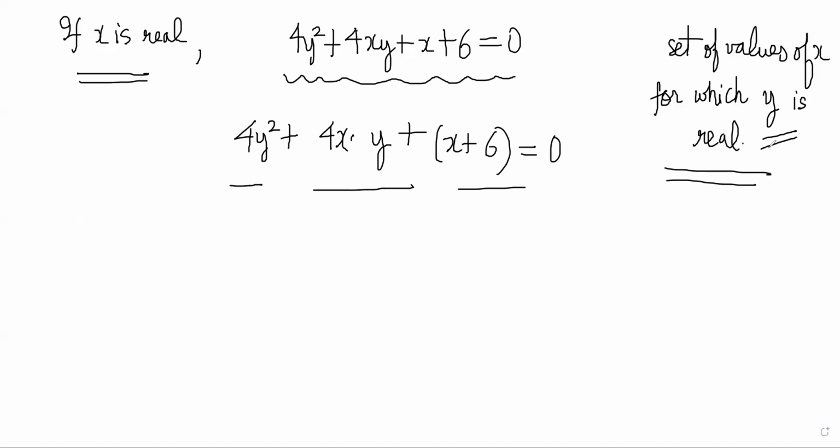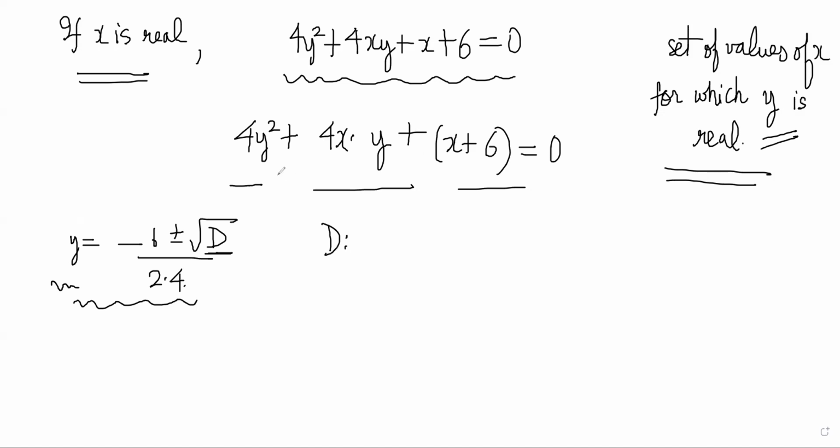If you want y to be real, then when you solve this quadratic, minus b plus minus root d over 2 into 4, the d has to be greater than or equal to 0. Obviously for y to be real, the d has to be greater than or equal to 0.